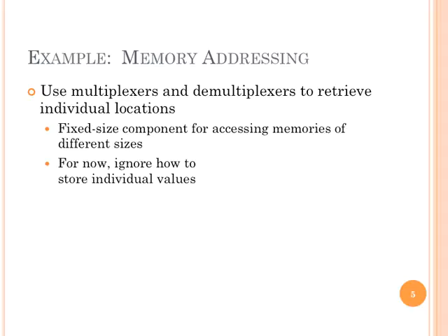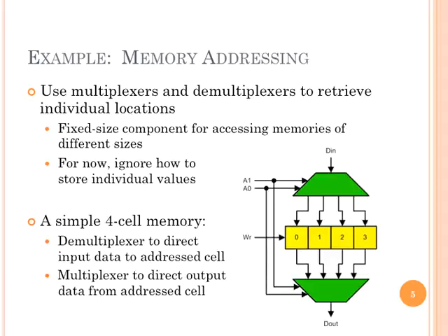Now, those are all physical constraints. We're going to look at a few other things now that we understand that these things slow us down a little bit. We're going to pretend that we're building a memory just out of memory cells and multiplexers and demultiplexers for addressing. Very simple. It's not anything super complicated. Like I say, a fixed size component for accessing memories of different sizes, and we'll ignore how we actually store individual values.